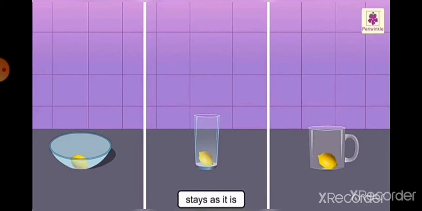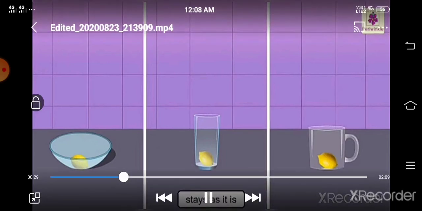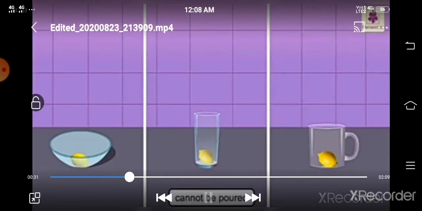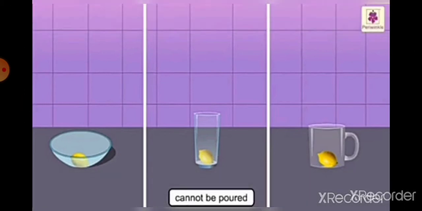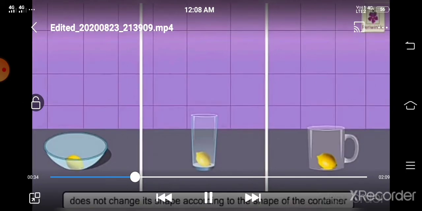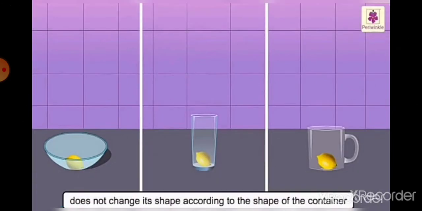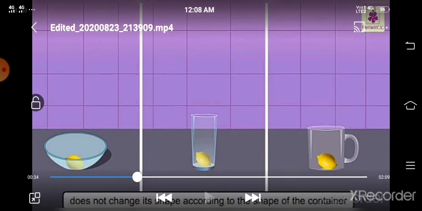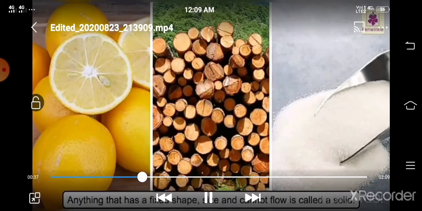In a jar also, it doesn't change its shape. And it cannot be poured. So a solid cannot be poured and does not change its shape according to the container, whereas a liquid changes its shape.